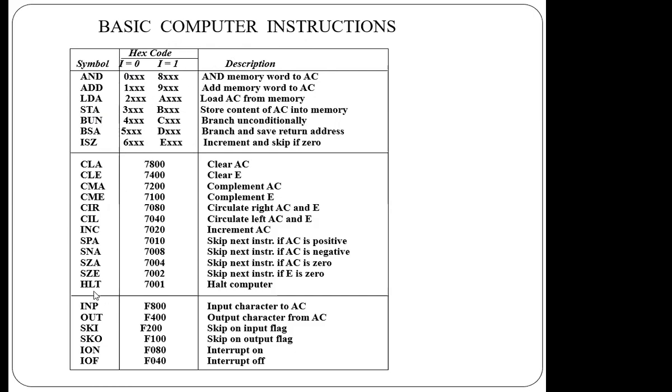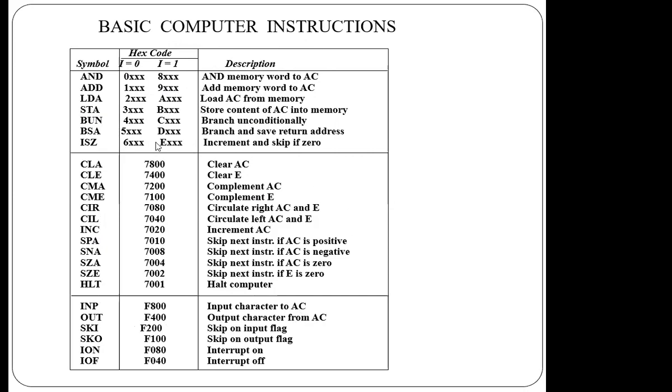The other 1, 2, 3, 4, 5, 6, 7, 8, 9, 10, 11, 12, these 12 instructions belong to the category of register reference, and the below 5 belong to the category of input output, right?